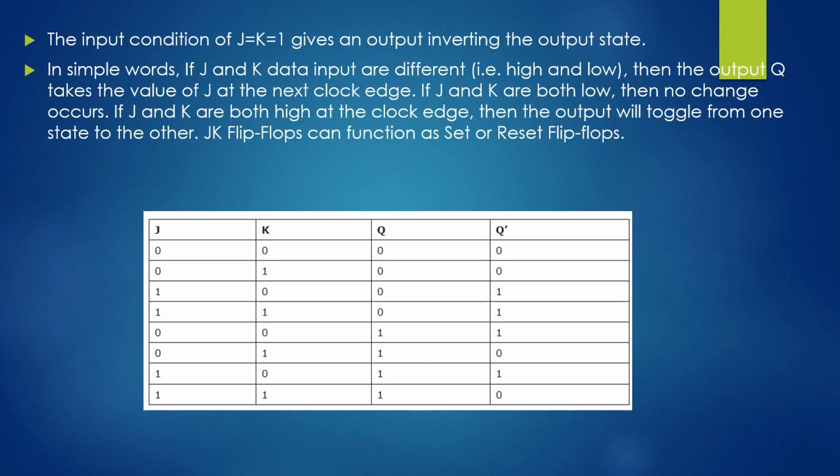If J and K are both high at the clock edge, then the output will toggle from one state to the other. A JK flip-flop can function as a set or reset flip-flop. According to the points I have given, the truth table is formed. The input values are J and K, and Q and Q dash are the outputs.